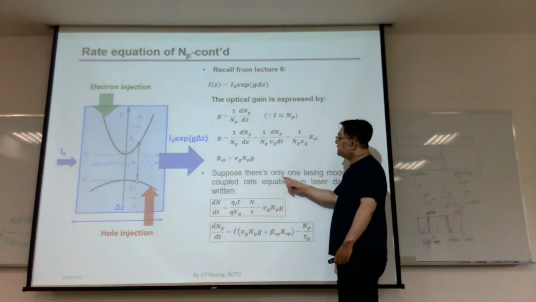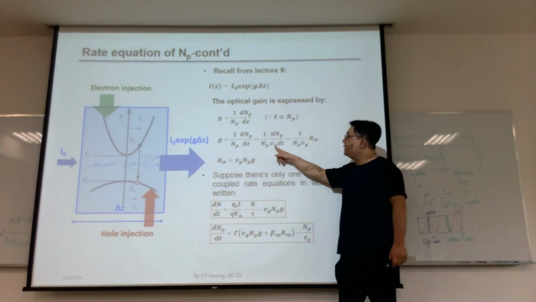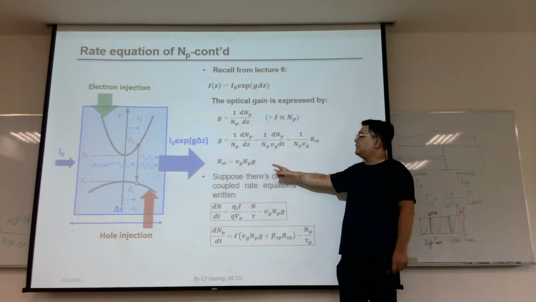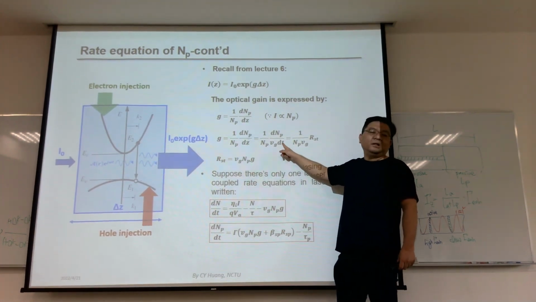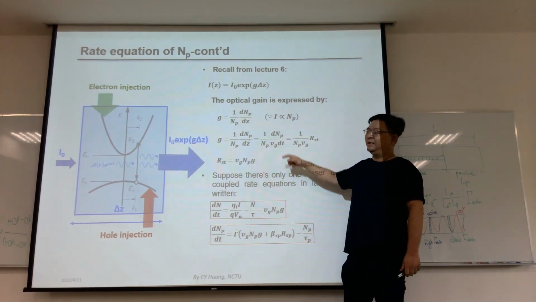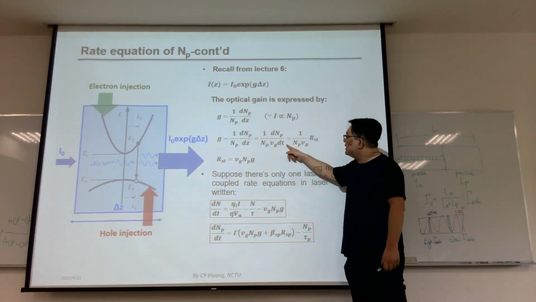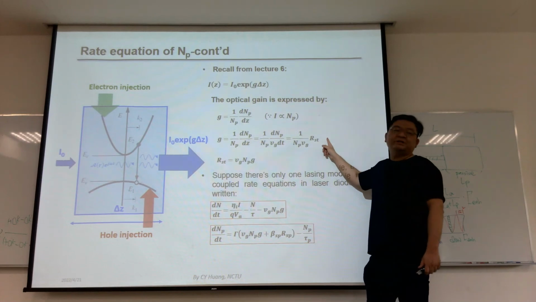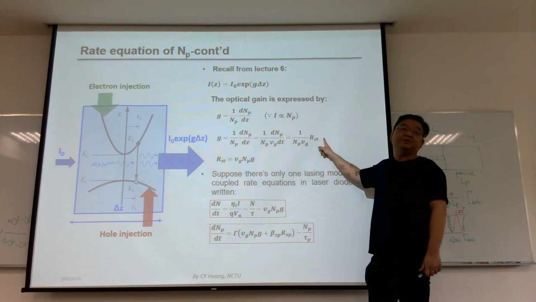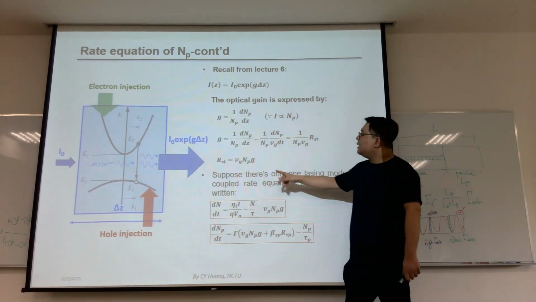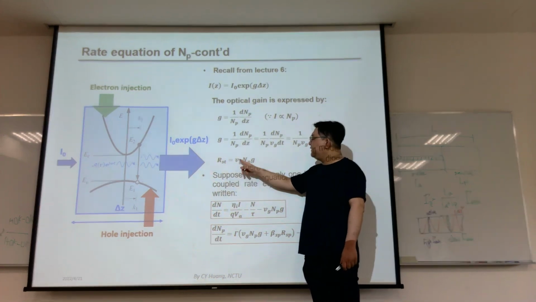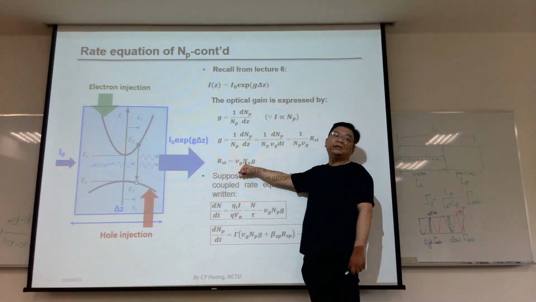Then the dz can be further written as the group velocity times the interaction time. So the dNP over dt could be expressed as your stimulated emission rate. Okay, so RST is Vg times NP times G.